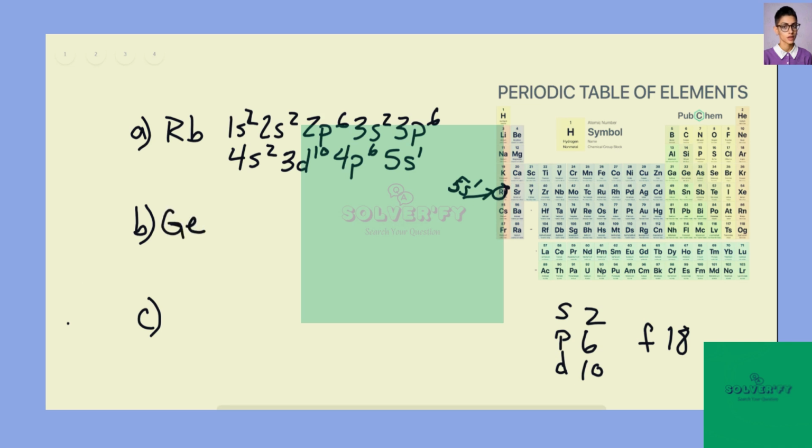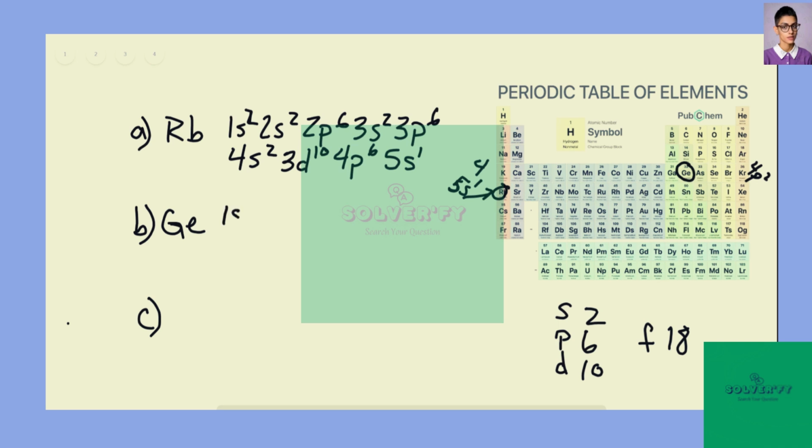Moving on, we have germanium. And that element is over here, in the fourth row in the P block. So 4p2 is its final place.